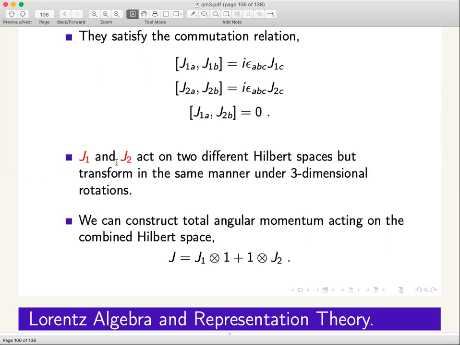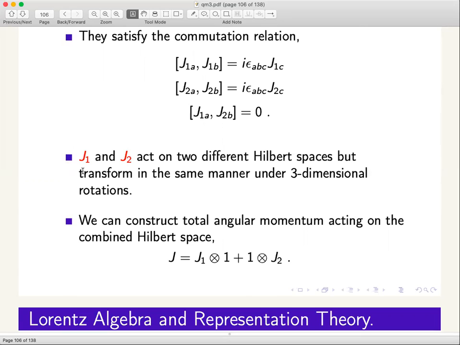But when I say transform, I mean the following. If you think of them in the matrix form, we keep the matrix form fixed. But suppose you think of J1 as, say, the orbital angular momentum generator, then the z component of that would be written as x del/del y minus y del/del x.